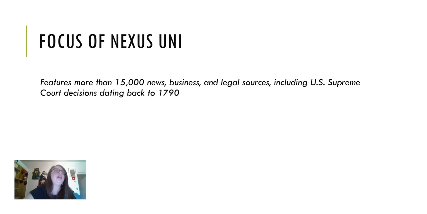Nexus Uni is great if you are researching topics in political science, business, communication, anything of that sort. And really, it's just because they have more publicly accessible documents, so court transcripts, rulings that are done at all levels of the justice system, but they also have public company records as well.